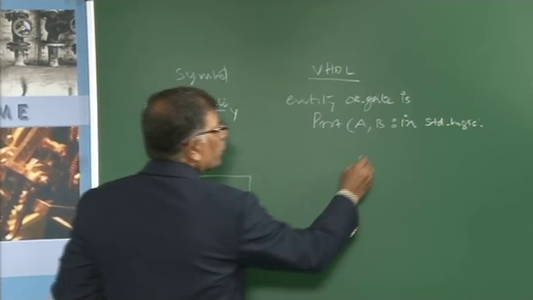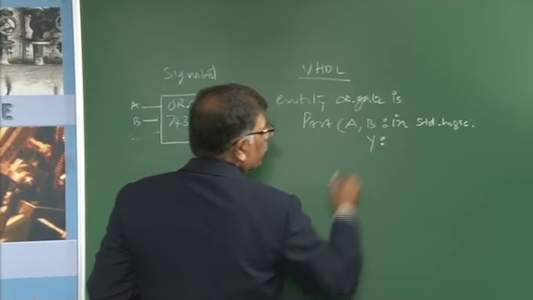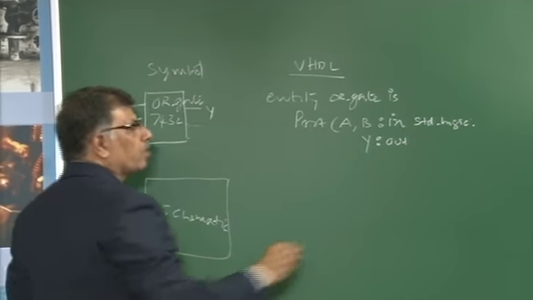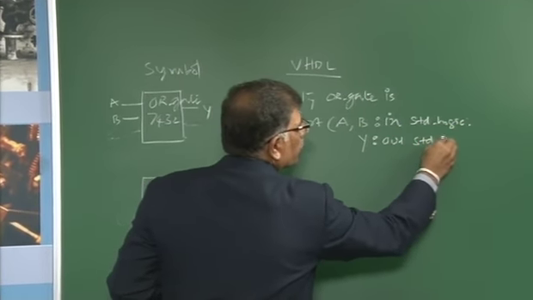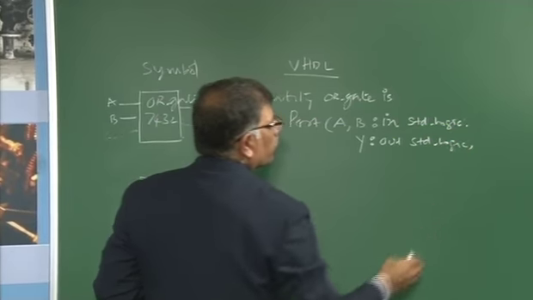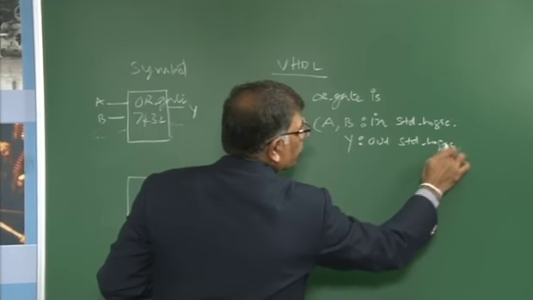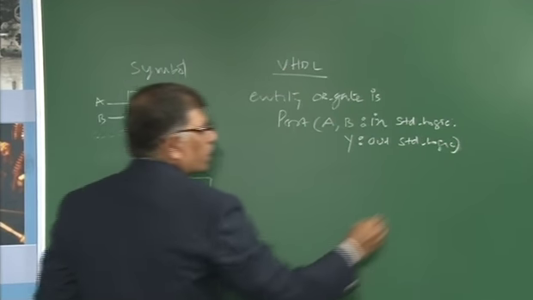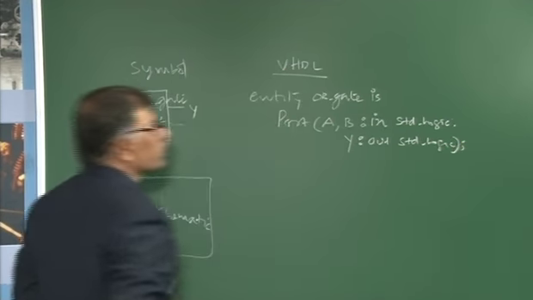Again, one more output port is there, that is Y. You have to mention the type of that port, it is an output port, and the type of output it gives is standard logic, the same type. For the last line you should not put a semicolon after it; you put a closing bracket and then a semicolon here.